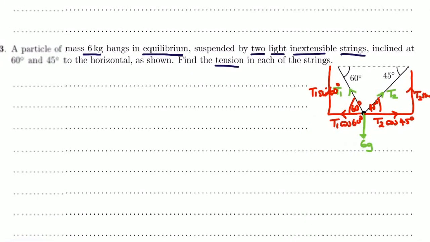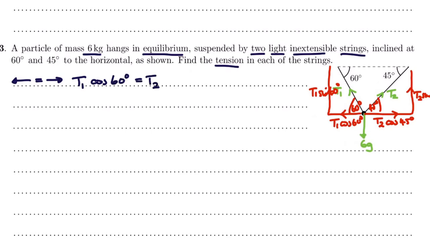Okay, so what we're going to do now is some balanced forces. The first thing I'm going to do is left equals right. So based on my diagram, I have T1 cos 60 equals T2 cos 45.